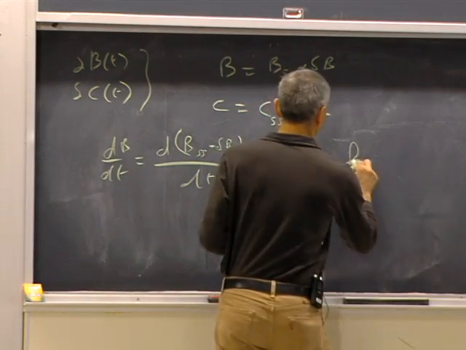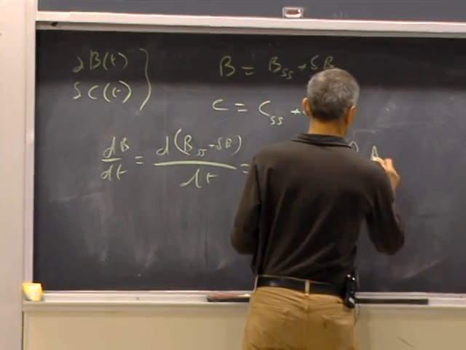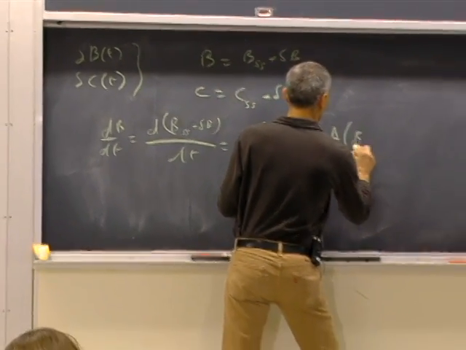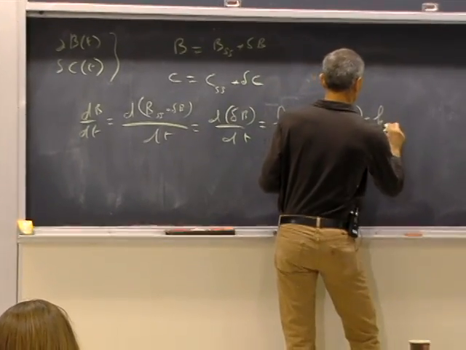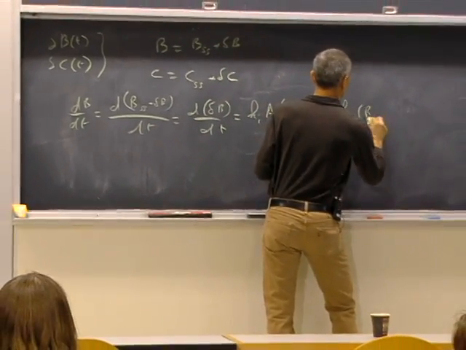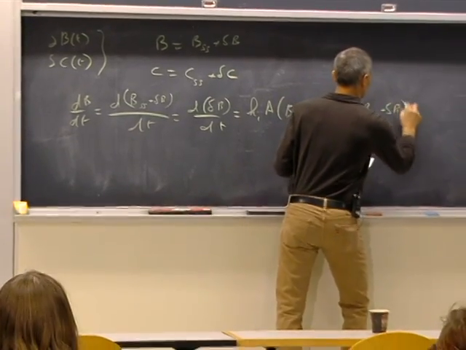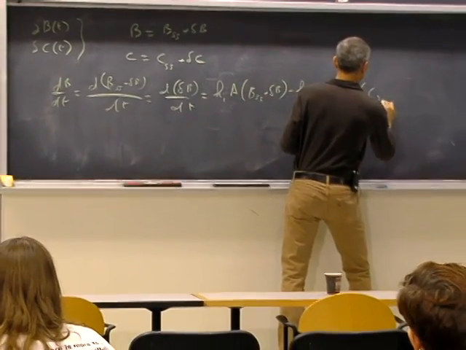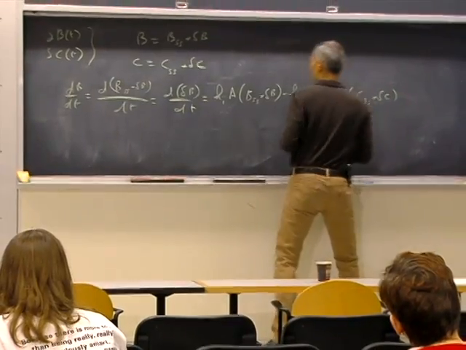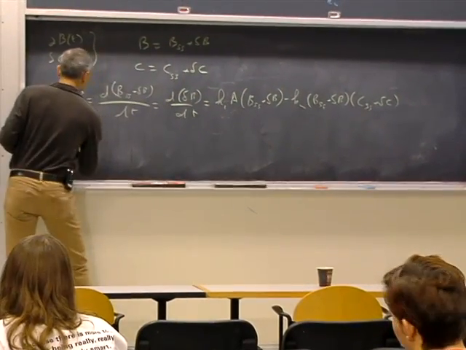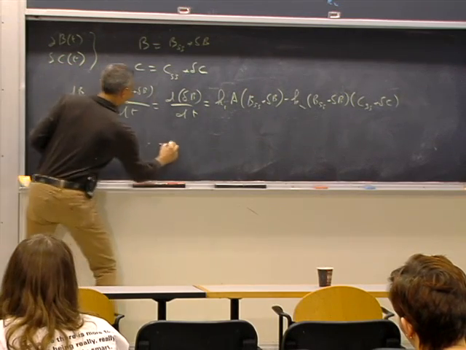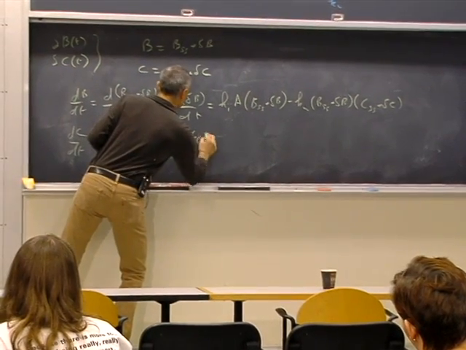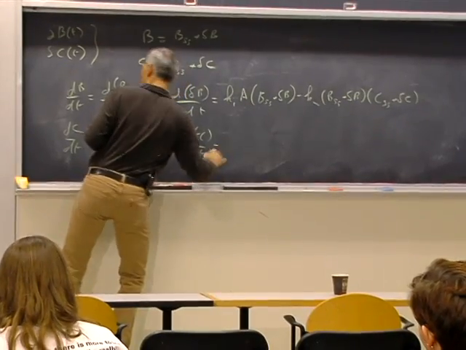And that's equal to K1 times A times (B steady state plus delta B) minus K2 times (B steady state plus delta B) times (C steady state plus delta C). And then you have the same thing for dC/dt.